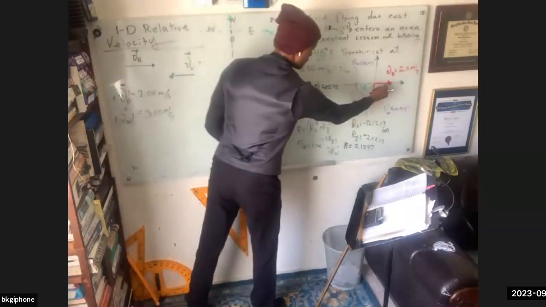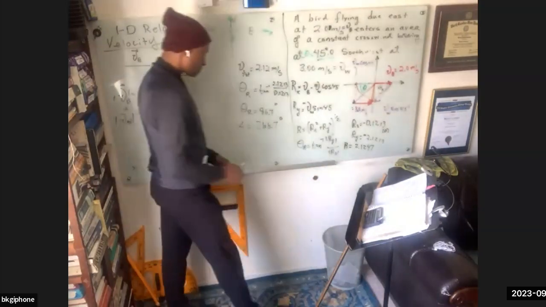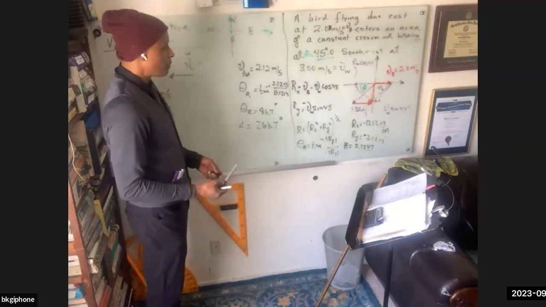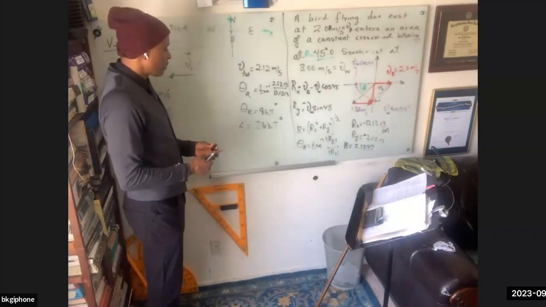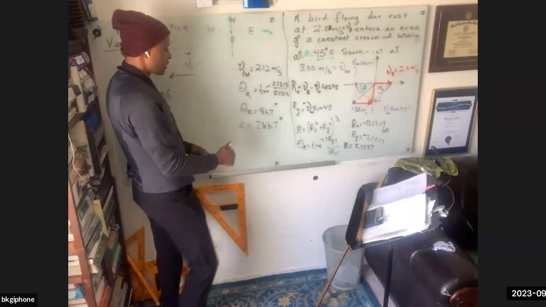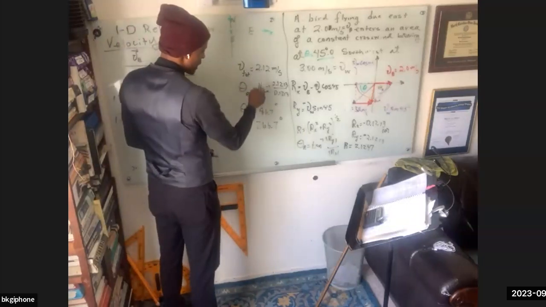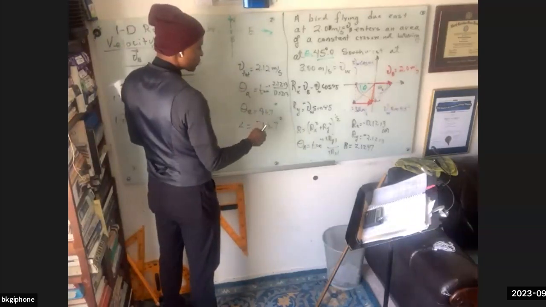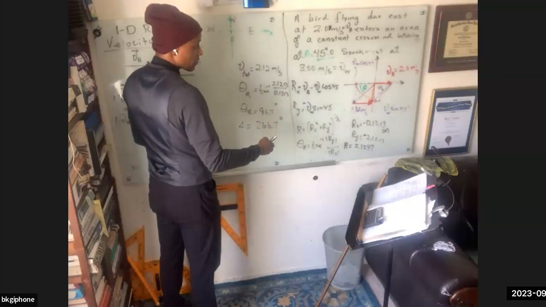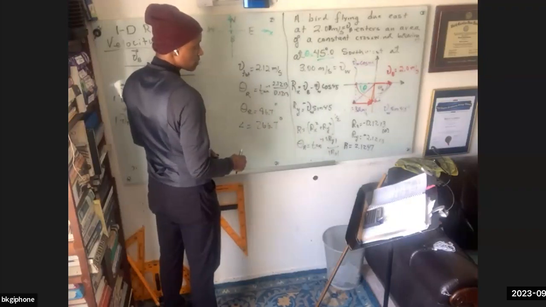And that's what this whole thing would be. Translating in terms of north, south, east, and west, you would say his velocity would be 2.12 meters per second southwest.